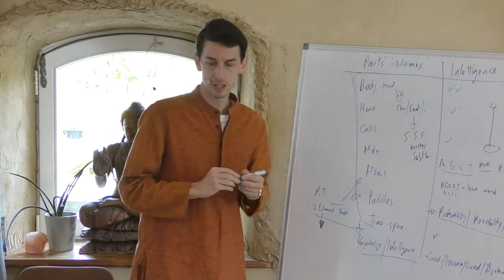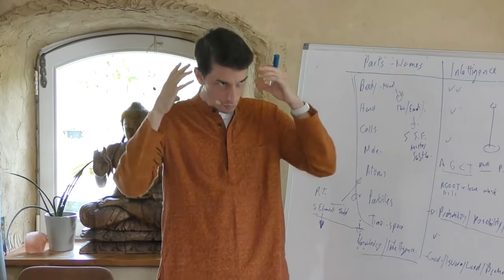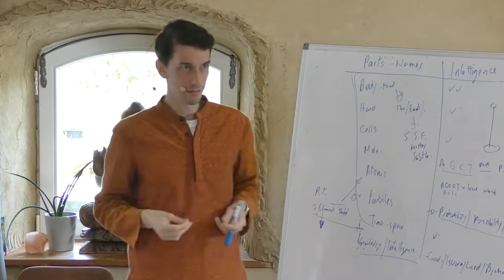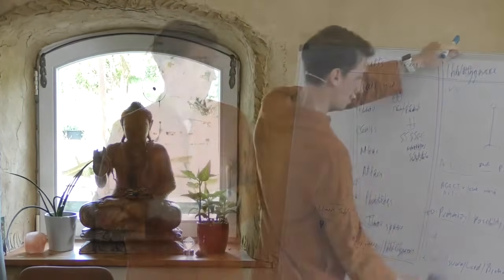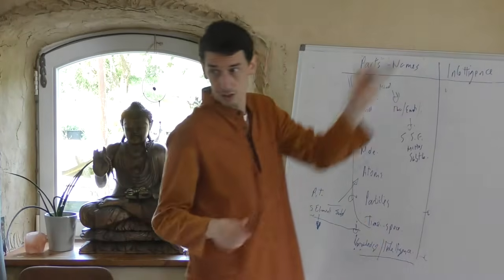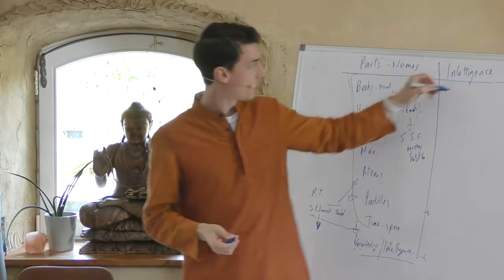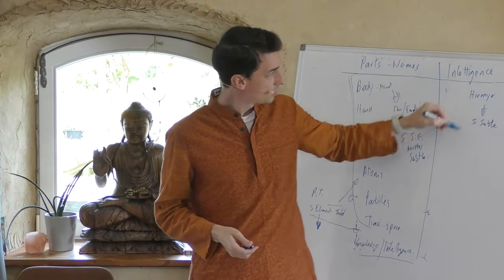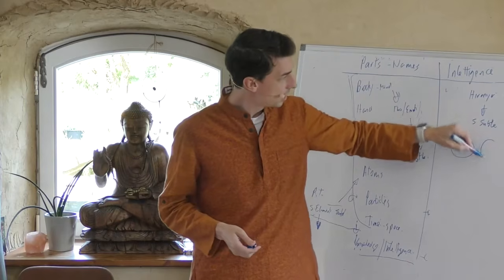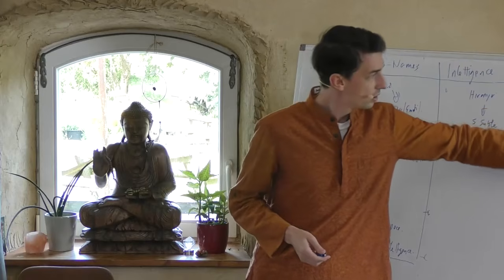So subtle elements are in their thought form. Gross elements have more physicality. That's the only difference. Now, if you want the technicalities of this, going back to the creation model, you have Hiranyagarbha, which is the blueprint. From this blueprint comes 5 subtle elements, which are space, air, fire, water, earth.